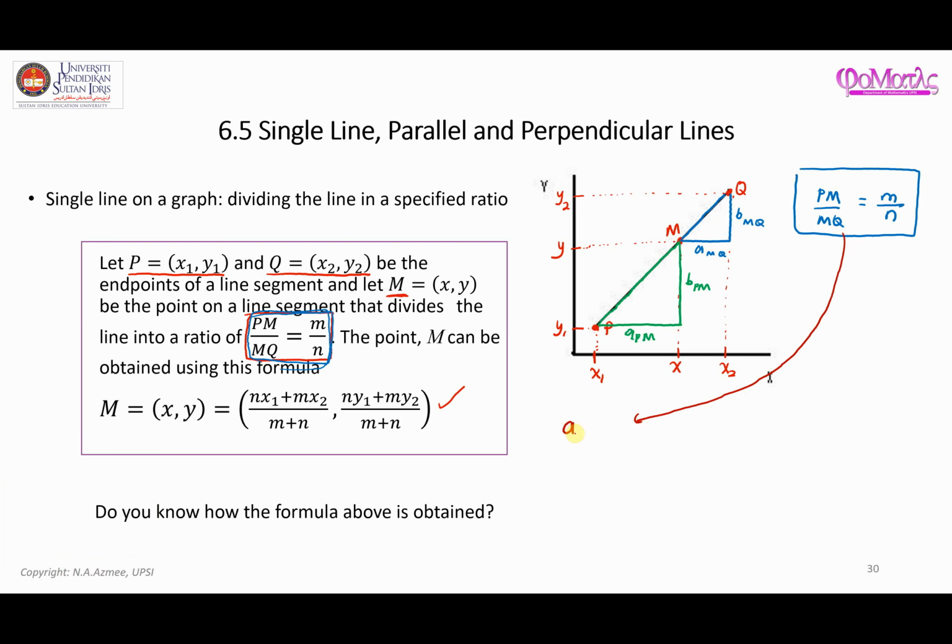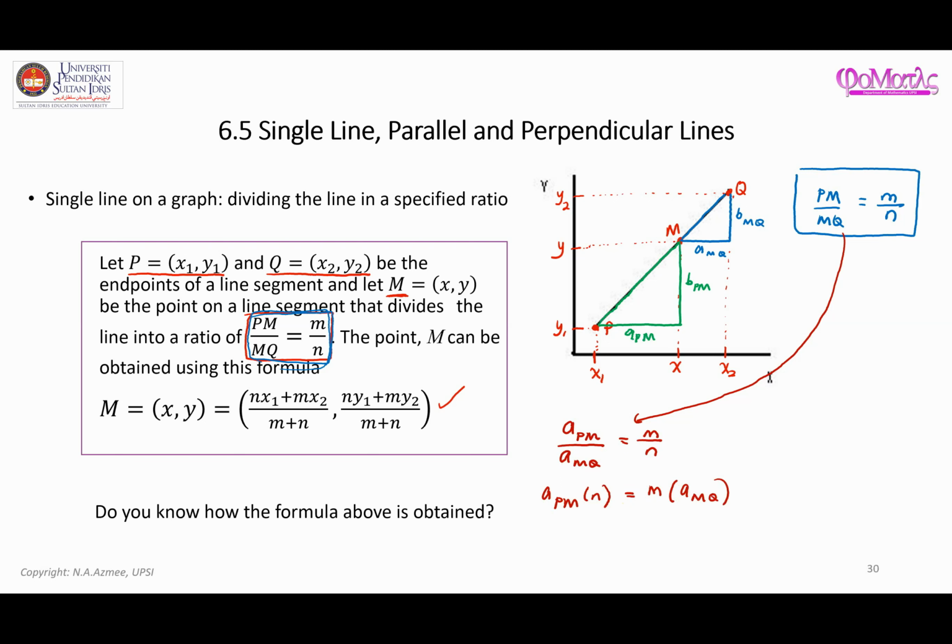So A_PM over A_MQ must also be in the same ratio of m over n. And then this is equal to A_PM times n equals m times A_MQ.